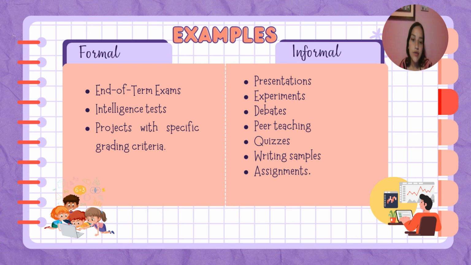And on the other hand, we have the informal evaluation, that is presentations, experiments, debates, peer teaching, quizzes, writing samples, assignments, and so on. So these informal evaluations are going to help us to observe our students' learning process, and also to check their skill level and their academic progress.